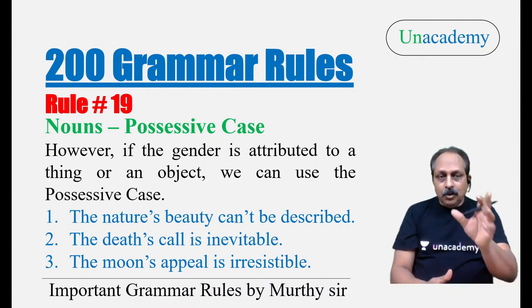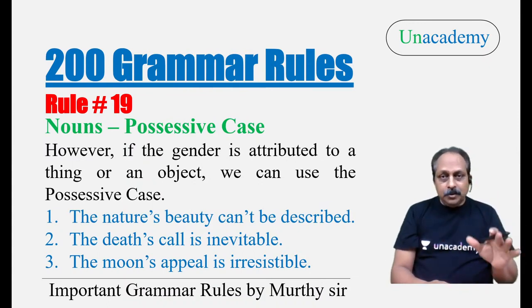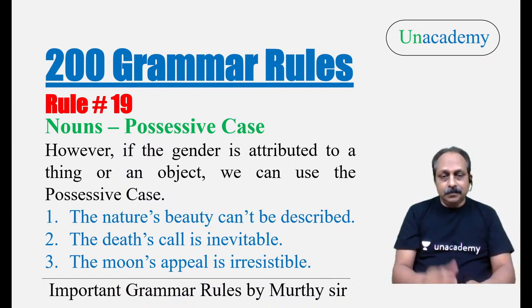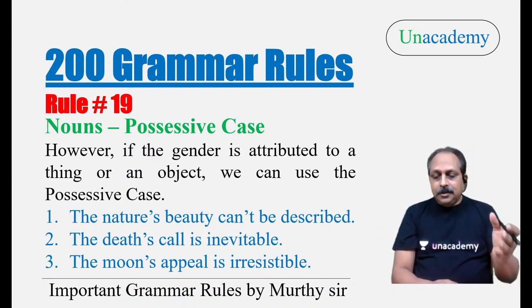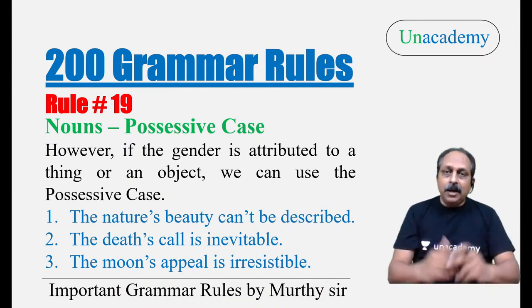I will read out rule number 19. What is rule number 18? We should not use a possessive case with things or objects. Quite contrary, rule number 19: however, if the gender is attributed to a thing or an object, we can use a possessive case. Example, nature is considered feminine. Already you have learned that nature's beauty can't be described.